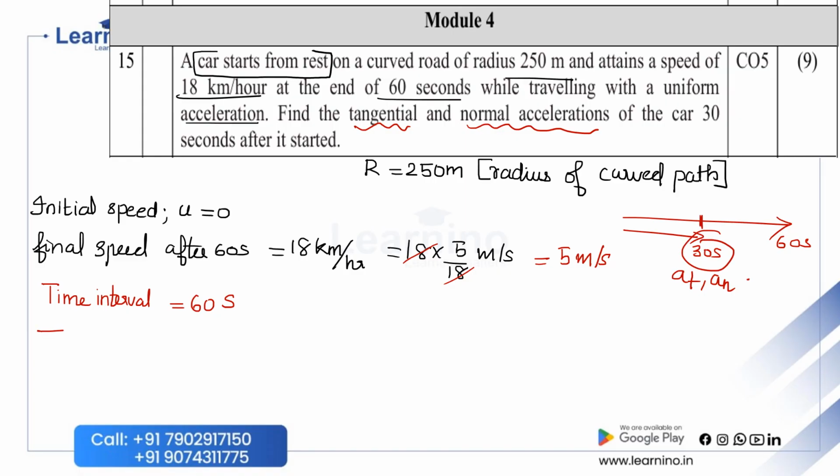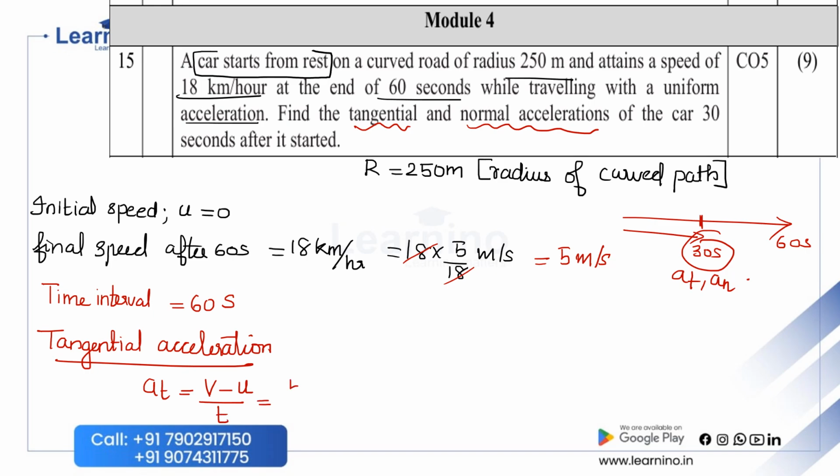So we can find out the tangential acceleration. What was the tangential acceleration equation? Tangential acceleration is equal to final velocity minus initial velocity divided by time t.